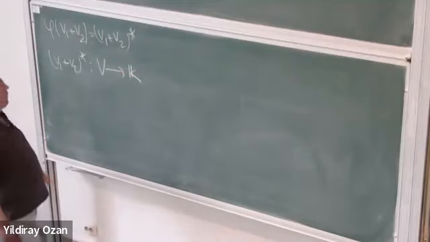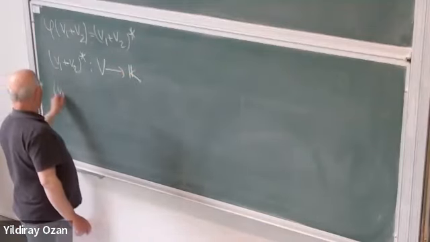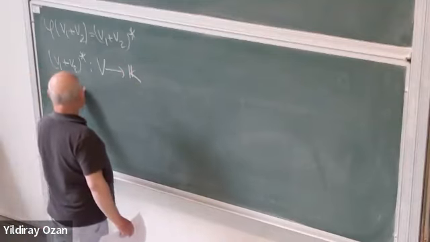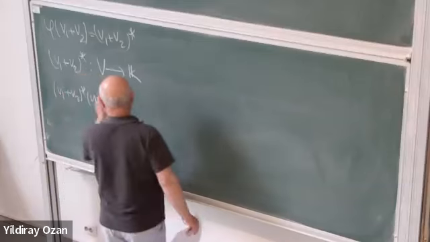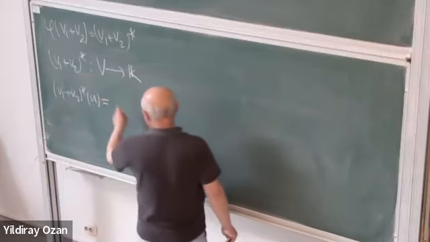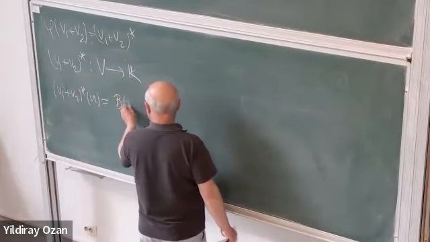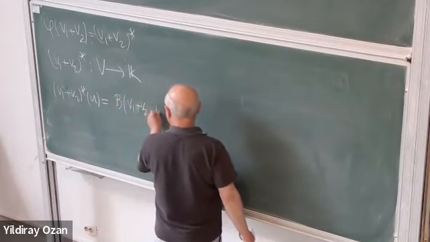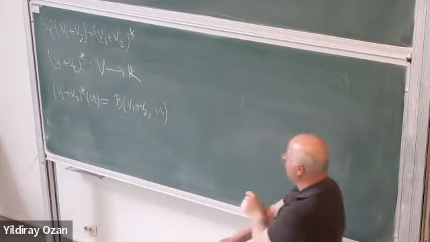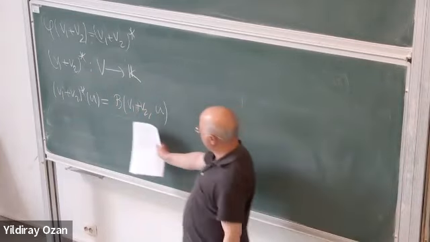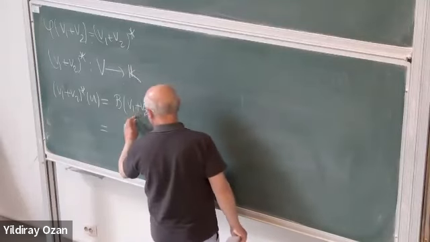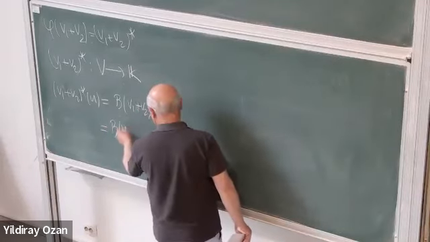And how is it defined? V1 plus v2 star of u is B of v1 plus v2 with u. But since B is linear, this can be written like this.